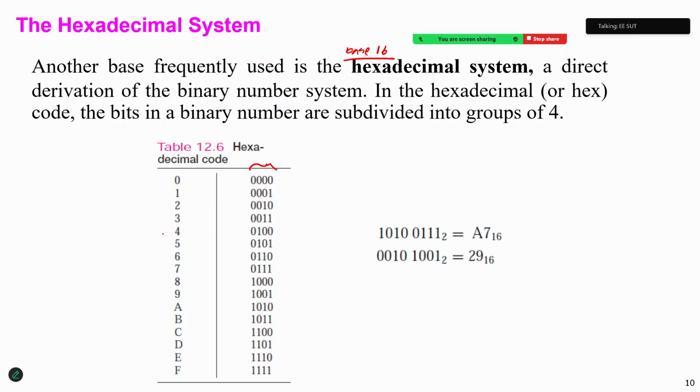It goes from 0 to 9, then 10, 11, 12, 13, 14, and 15. With 0, we have a total of 16 values here, with 4 digits like this.